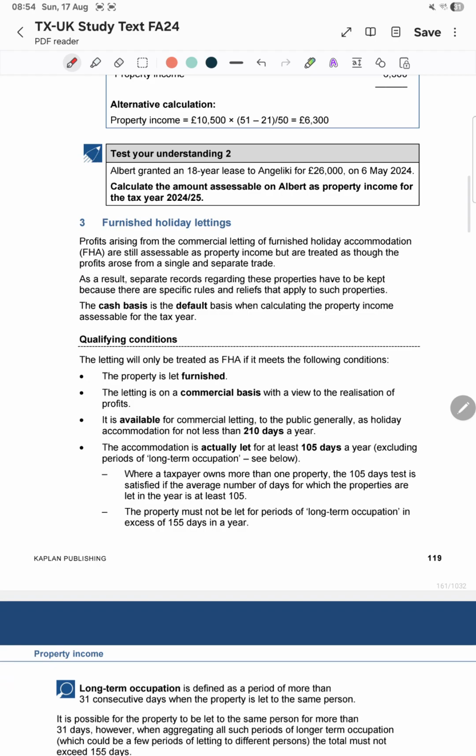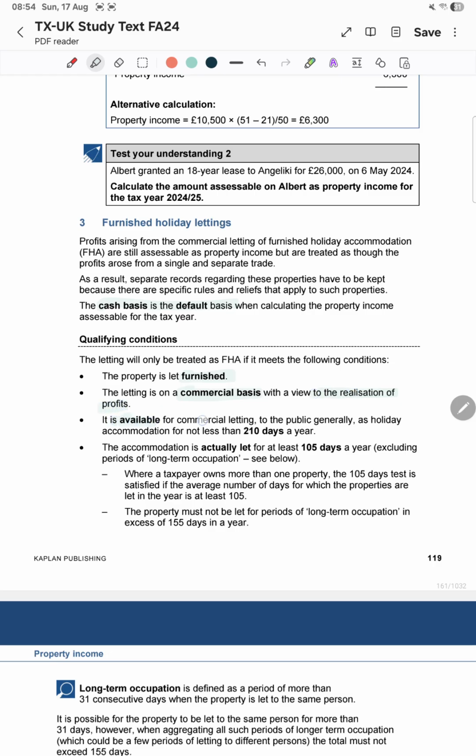Now, the last topic, which is furnished holiday lettings. Furnished holiday lettings, we have various conditions. First of all, cash basis is the default method for this scheme. Then the qualifying conditions are: property should be furnished, because any reasonable person coming on a holiday would expect that the property is furnished. Then it is let out on a commercial basis with a view to realize profits.